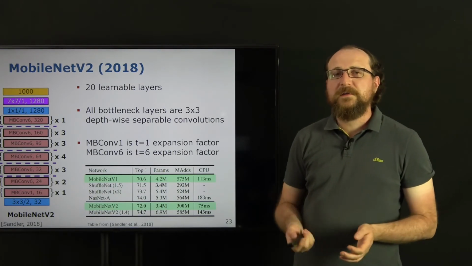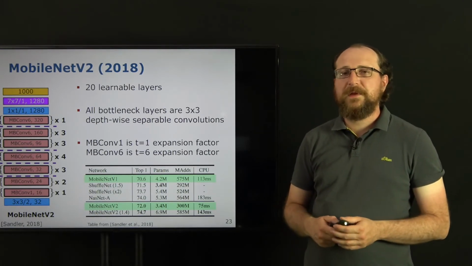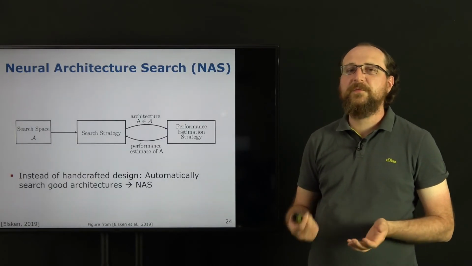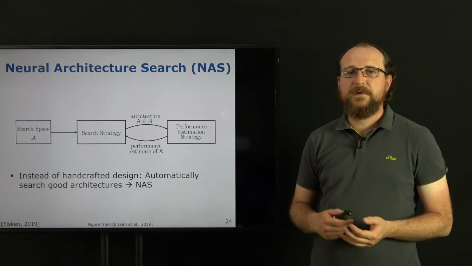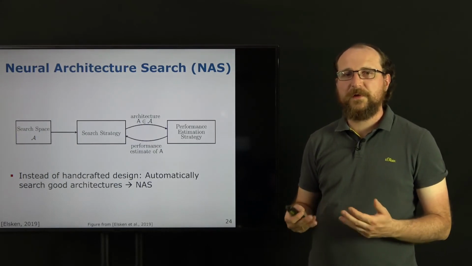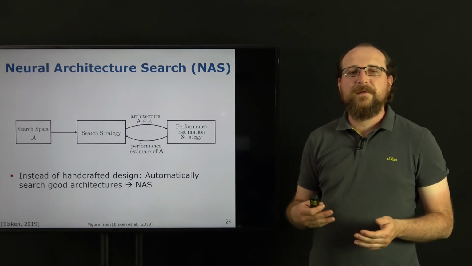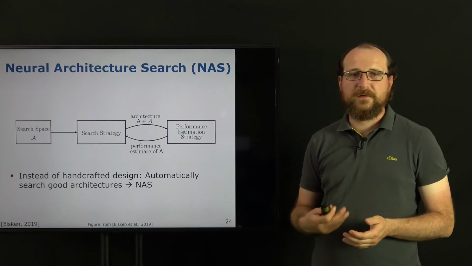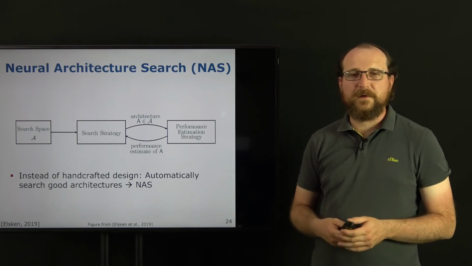So one idea people came up with is not just using these handcrafted architectures, but letting the computer do this work. And this is the concept of neural architecture search. So instead of using a handcrafted design, we can try to find good architectures automatically. And this is the so-called NAS, the neural architecture search.